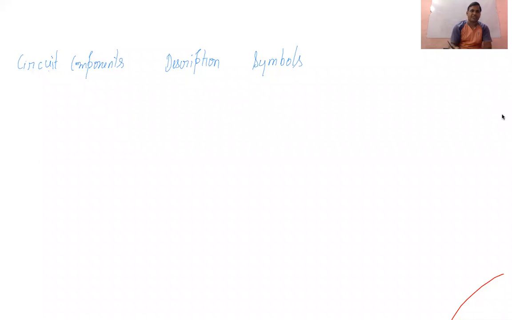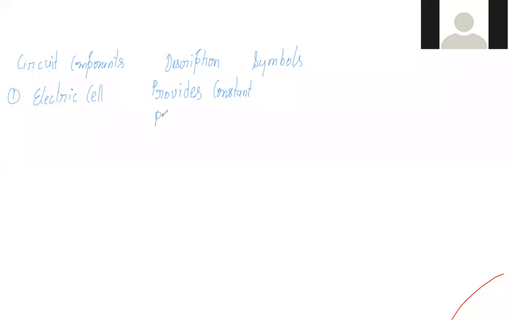So first, I am discussing the electric cell. What is a cell? You know well, you use it in your daily life, right? So the electric cell provides a constant potential difference.